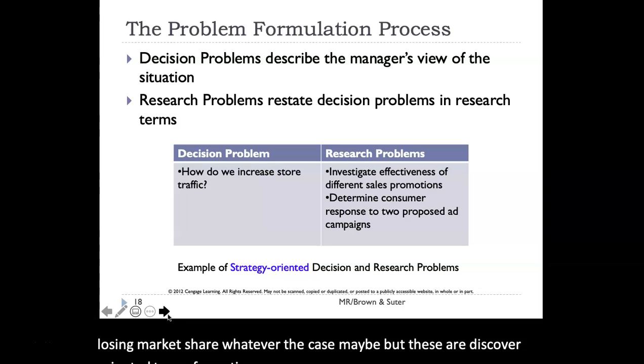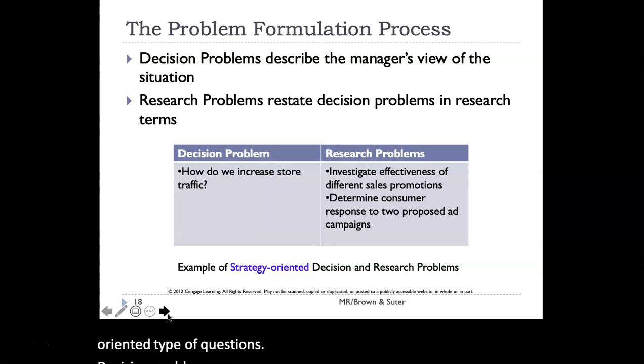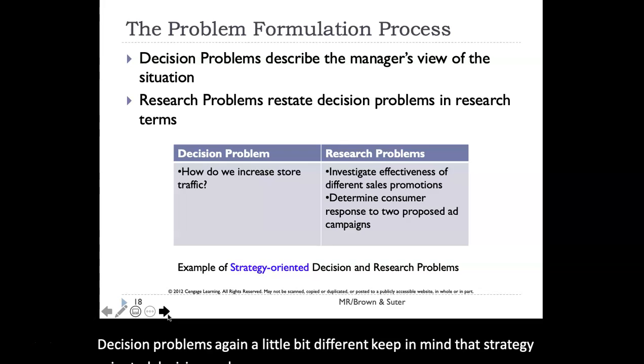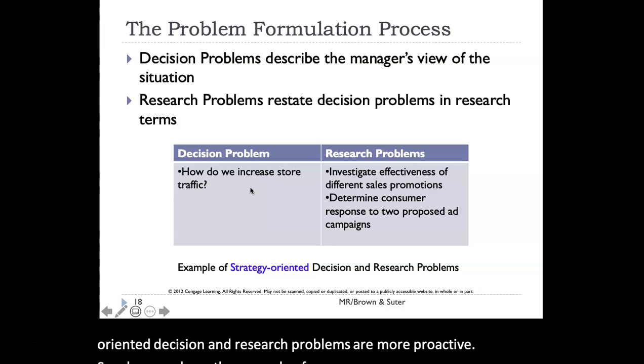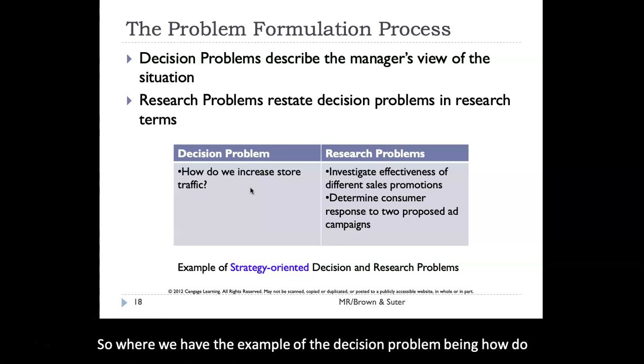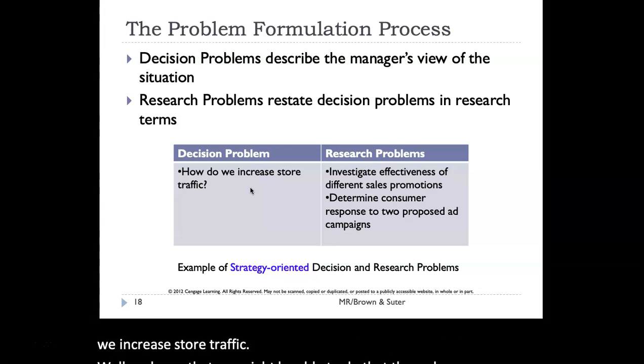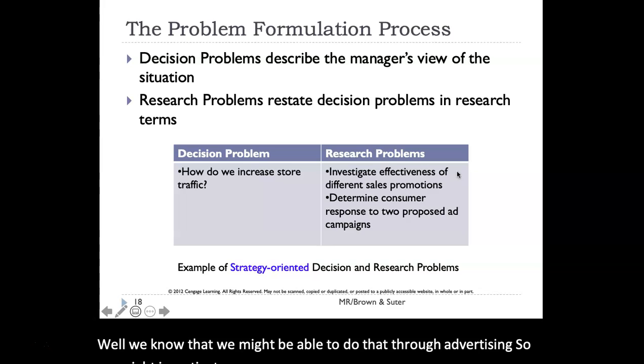Decision problems, again, a little bit different. Keep in mind that strategy-oriented decision and research problems are more proactive. So where we have the example of the decision problem being, how do we increase store traffic? Well, we know that we might be able to do that through advertising, so we might investigate the effectiveness of different sales promotions or advertising.